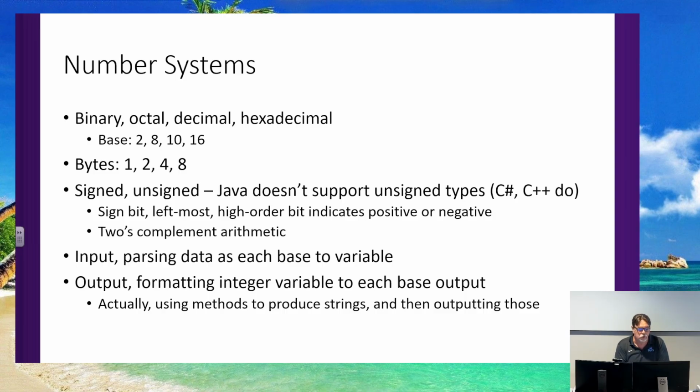And if you Google 2's complement arithmetic, you'll get a really good explanation of how it works and the idiosyncrasies of it, and how it works inside the digital system. I'm not going to require you to know that, but it's interesting if you want to understand how your hardware is doing what you're asking it to do.